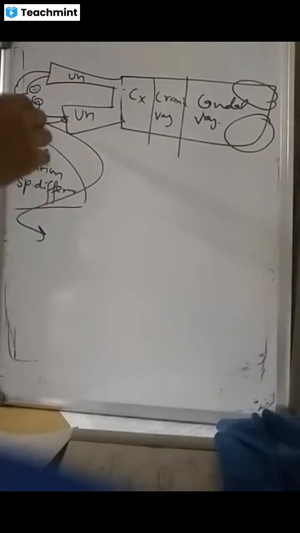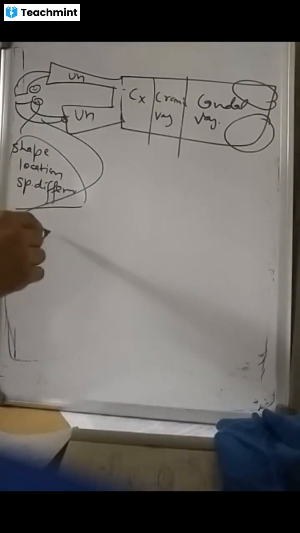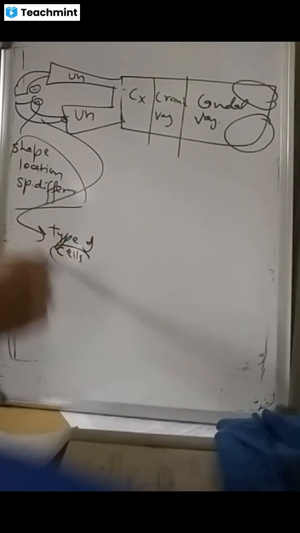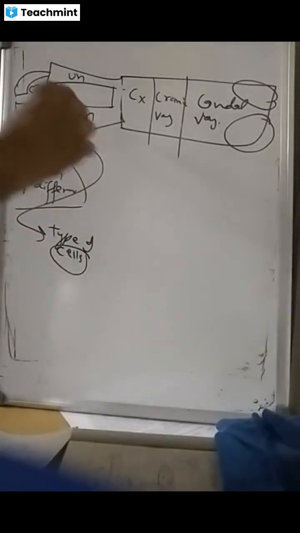Oviduct, epithelium type is important: peg cell and ciliated cell.